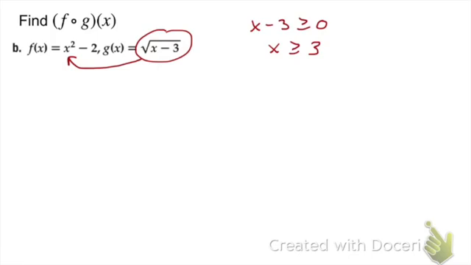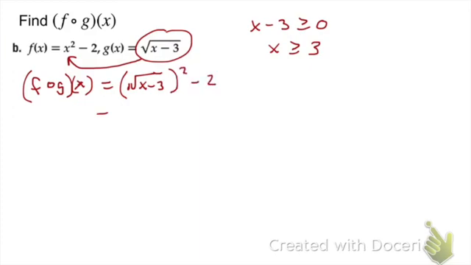Now we're going to plug the g function into the f function and see what else happens. So we're going to do the f of g of x. It's equal to the square root of x minus 3 plugged in for x, all squared, minus 2. When you square the square root, you get x minus 3 minus 2.